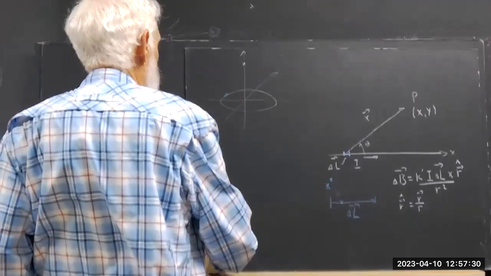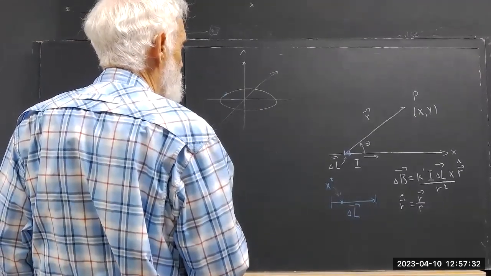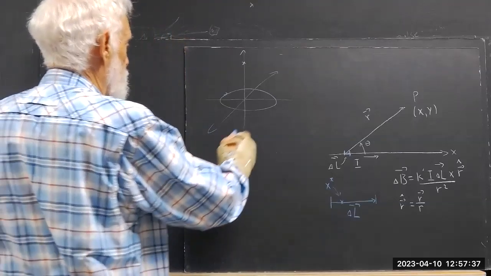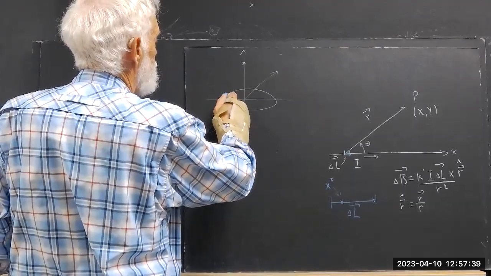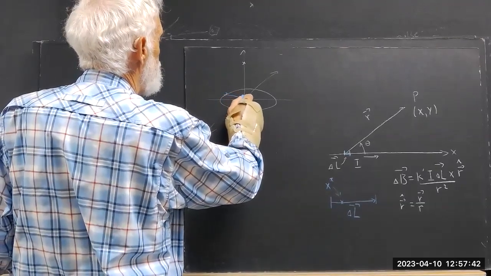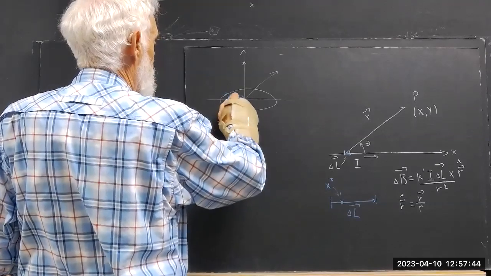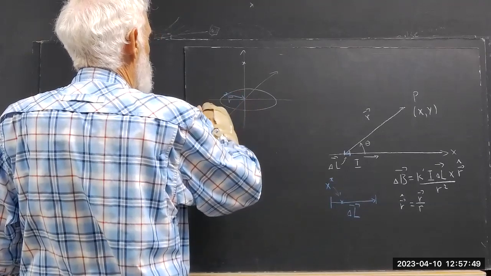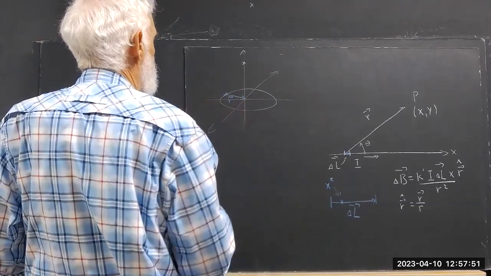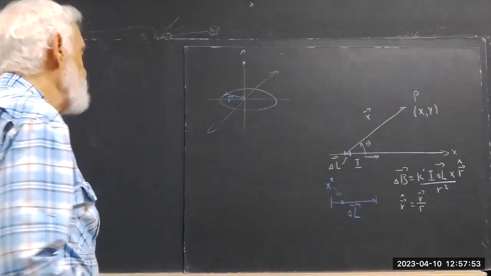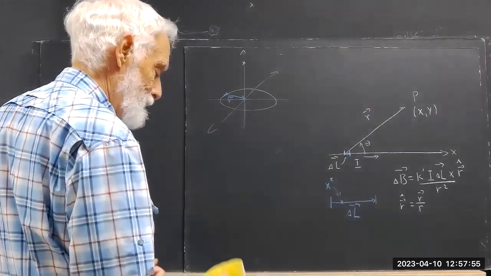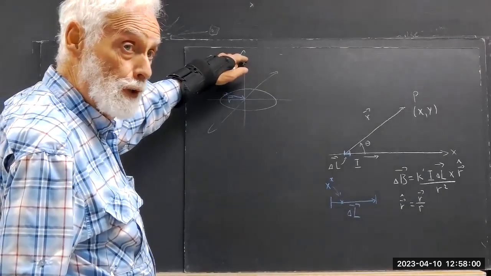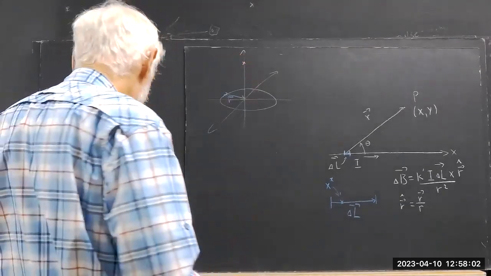So we've just decided that my R vector is here, and my I delta L vector. Oh, sorry. I'm thinking about two things at once. I really want to do the point at the center of the circle before I do this one. That's not what I was talking about.